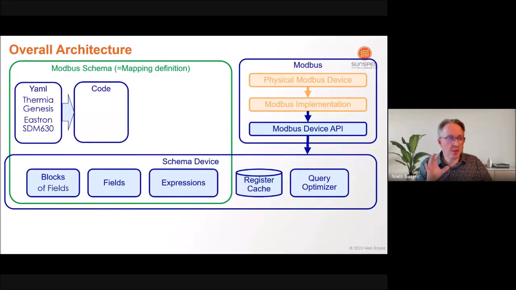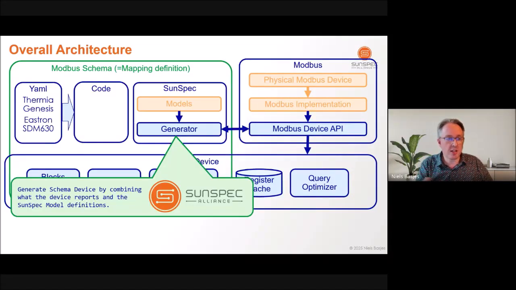And then there is the third way, and that is code generation, generating the schema device. And that is what is needed with SunSpec. So what I've created is an additional module that gets all the models from the official SunSpec repository, combines that with a generator that inspects the device, and from there generates the model at startup.